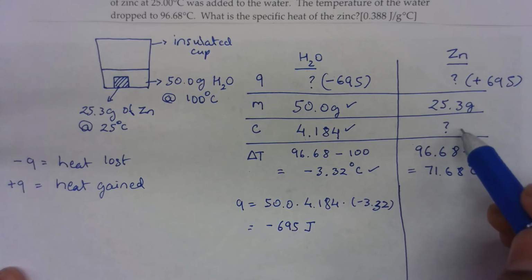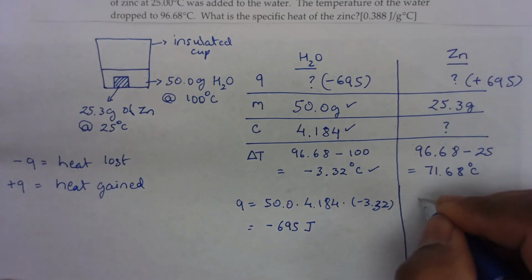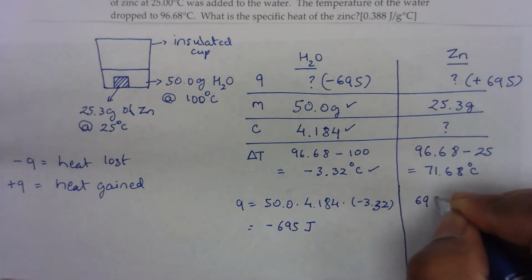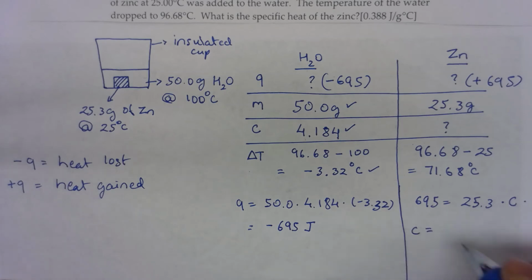Now, is it possible for us to find C? Yes, because now we only have one unknown variable. So I will write 695 equals 25.3 times C times 71.68. All I'm doing is rearranging this equation.